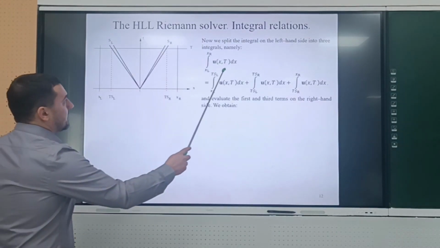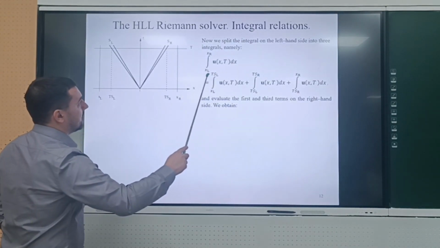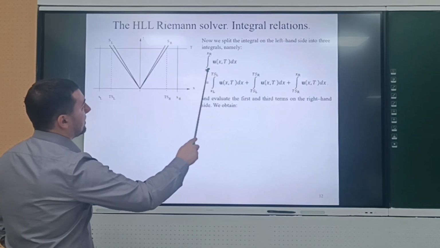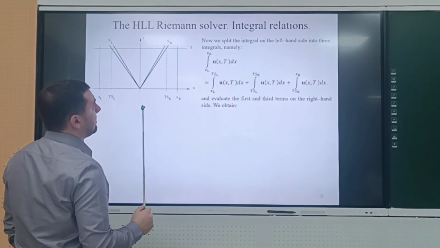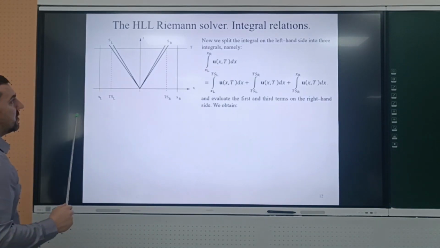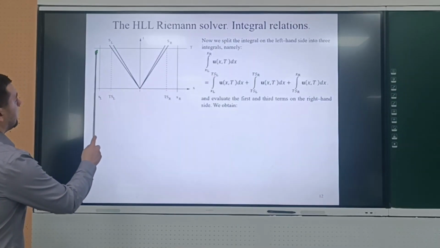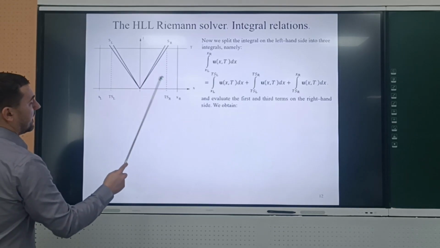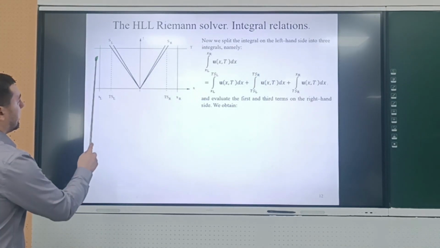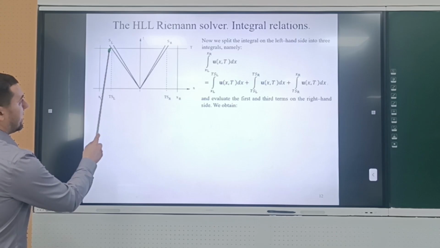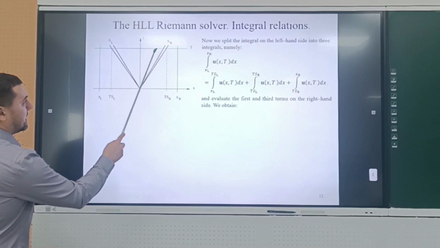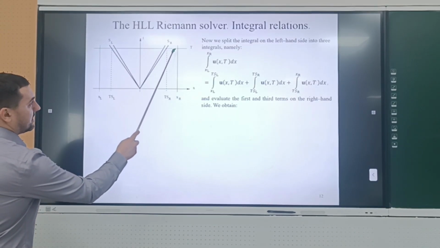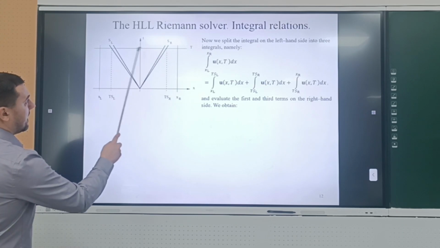Now we should work with the integral on the left-hand side, the integral from XL to XR of U(x,T) dx. We split it into three integrals, because we have this part, this part, and this part: the first from XL to T SL, then from T SL to T SR, and from T SR to XR.